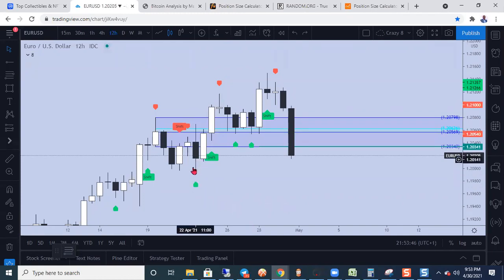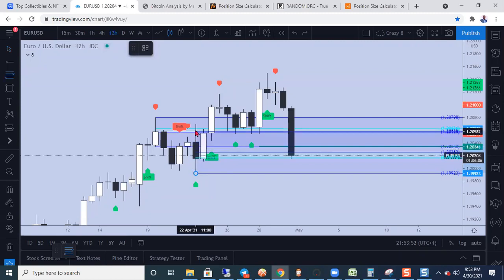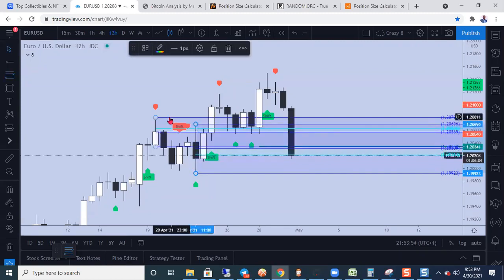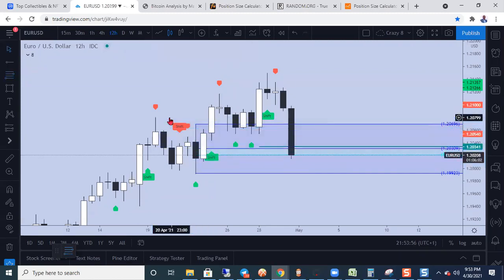Now we would have fibbed this bullish move and taken out the previous fib. So if somebody is fibbing the bearish one, you are fibbing the bullish one.